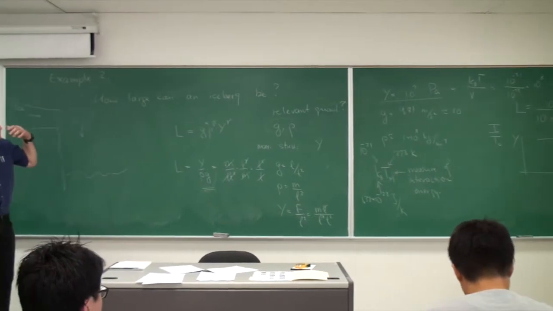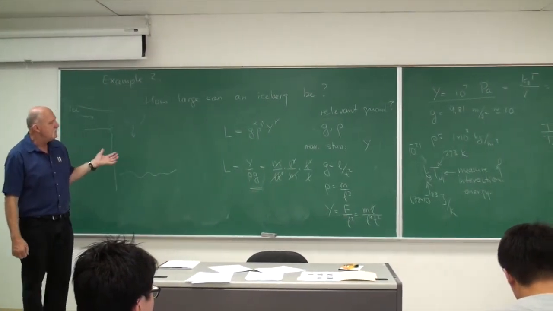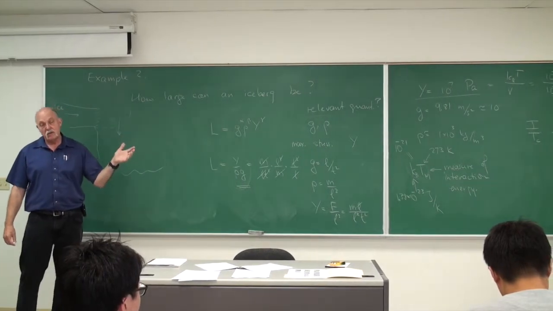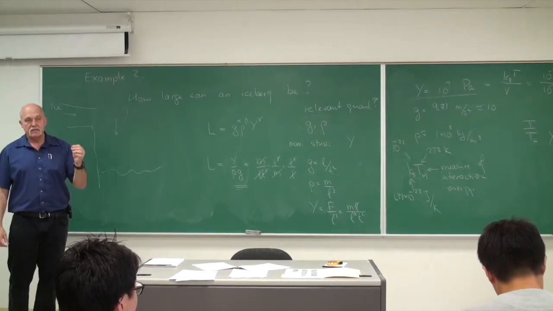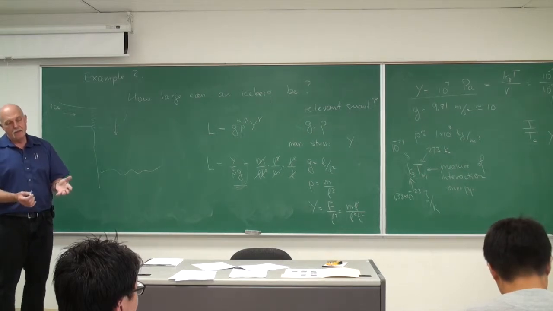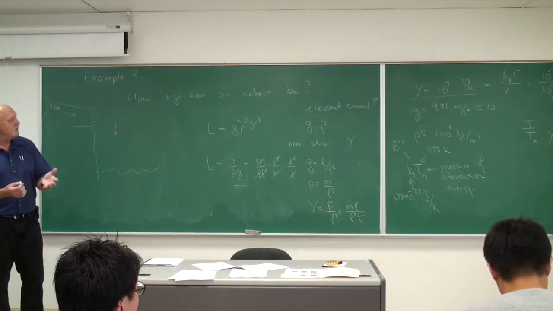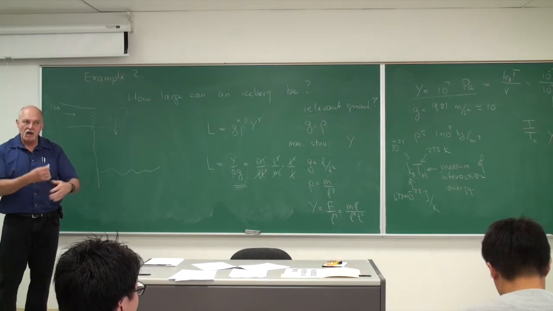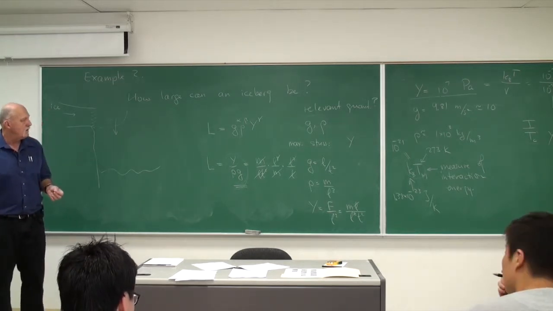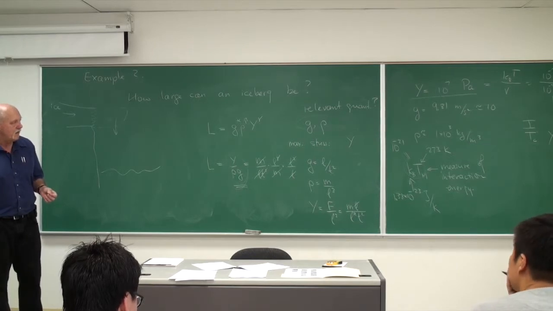You can derive all kinds of interesting and useful results just from dimensional considerations alone. And again, when you're doing exams, it's a really good thing to keep in mind. If you don't know the exact equation that you need, you can often figure out how things should combine to give you something with the units you're looking for. All right.